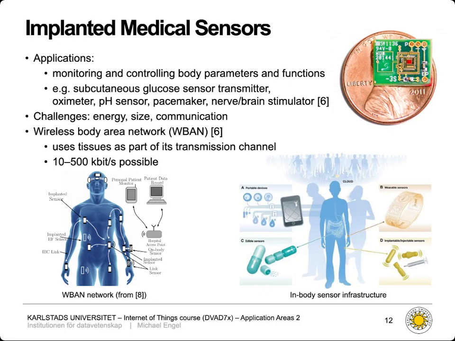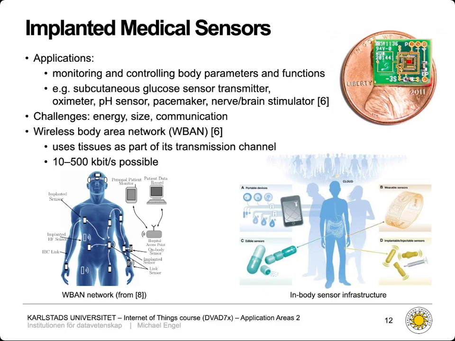In general, medical sensors that you implant in your body serve to monitor and control body parameters and functions. And in addition to pacemakers, we can have the glucose sensor transmitters that we already have seen. We can have oximeters, we can have pH sensors, or even nerve and brain stimulators, for example, for patients suffering from epilepsy. So here we have even more challenges concerning energy, size, and also communication.